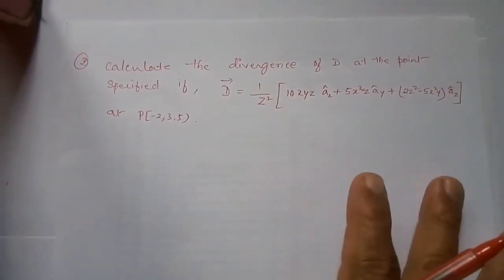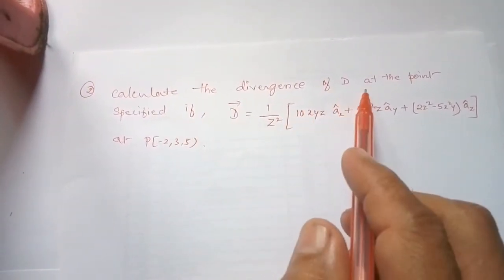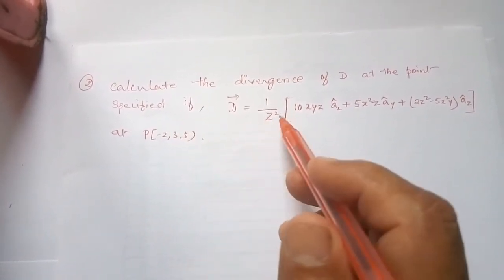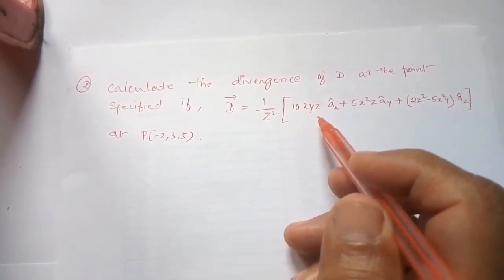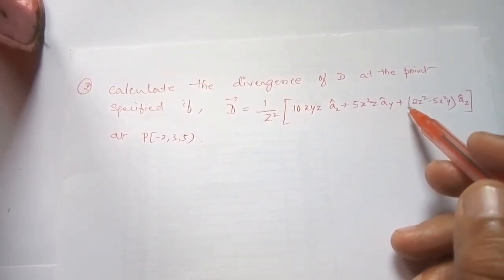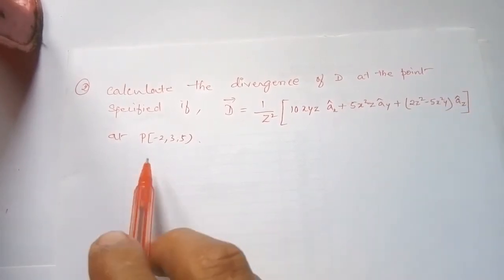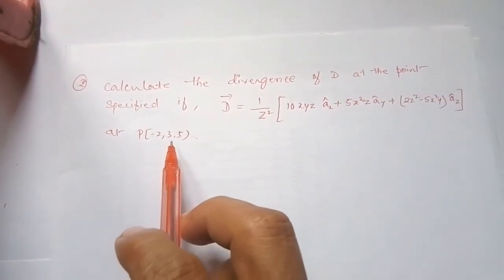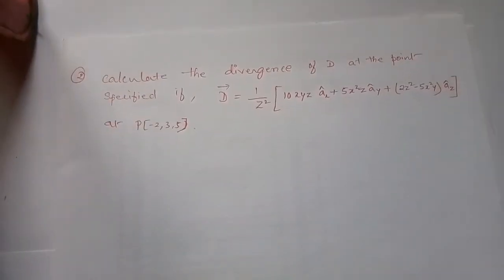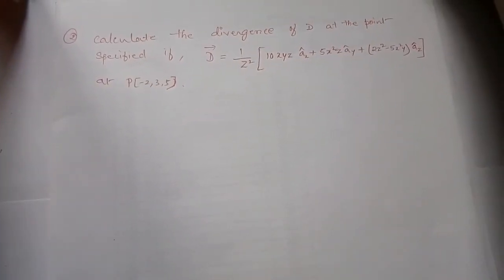The second problem says: calculate the divergence of D at the specified point, if the vector D is equal to 1 by z square into (10xyz x cap + 5x square z ay cap + (2z square minus 5x square y) az cap), at point P(-2, 3, 5). So we have to calculate the divergence of this.